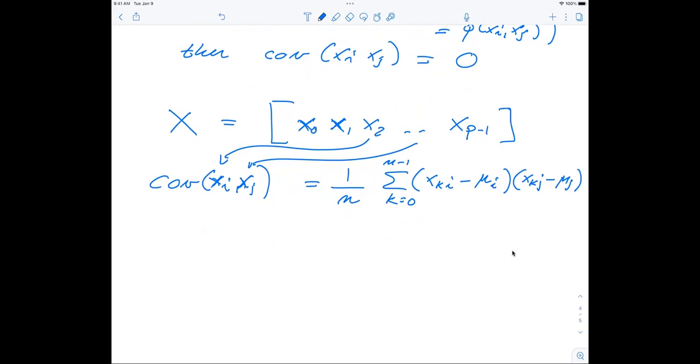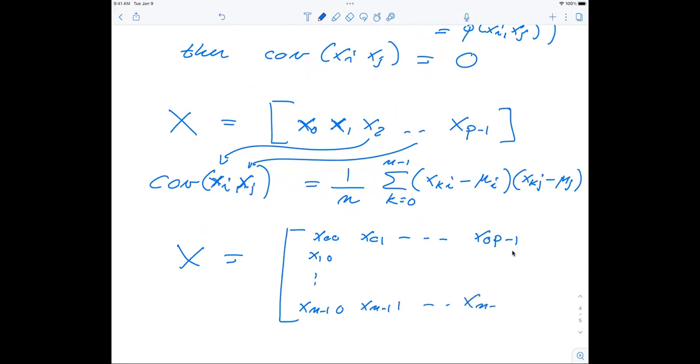So remember now that the design matrix X contains elements x00, x01, x0 p minus 1, x10, down to x n minus 1, 0. Here I have x n minus 1, 1, and this goes all the way up to x n minus 1 of p minus 1.